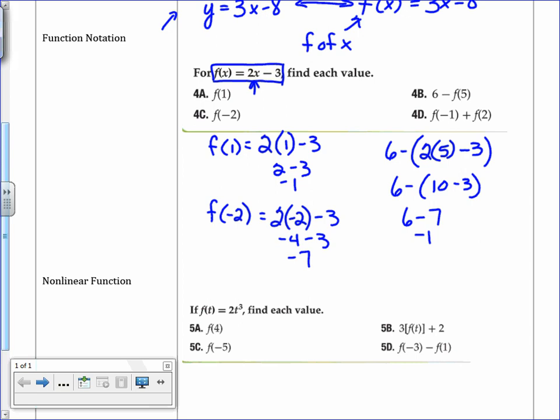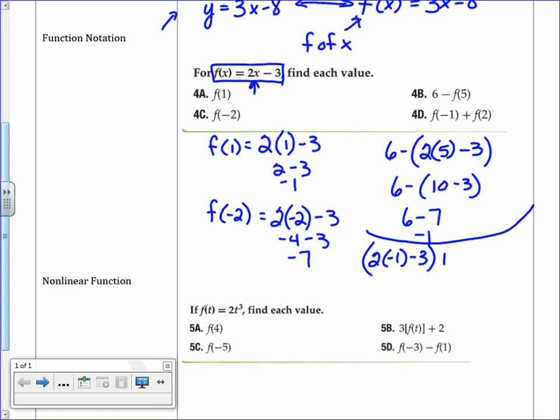Now I have f of 1 plus f of 2. So I'm going to substitute it in. I'm using that function twice in this expression here. So I have 2 times negative 1 minus 3, and I'm going to put parentheses around that whole thing. This is our answer for the last problem.